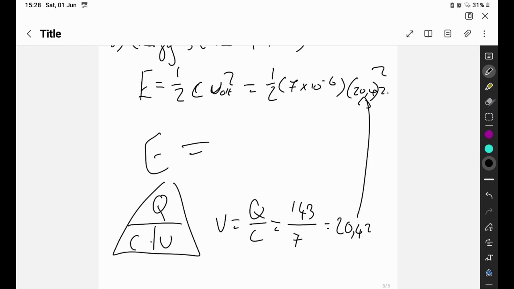So our answer is now 0.5 times 7 times 10 to the power minus 6 times 20.42 squared, which equals 1.46 times 10 to the minus 3 joules.